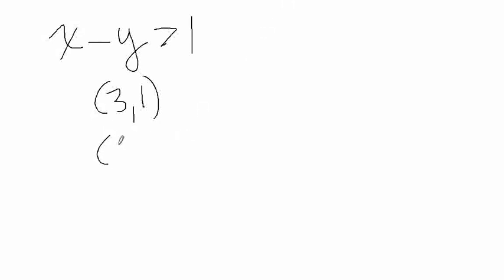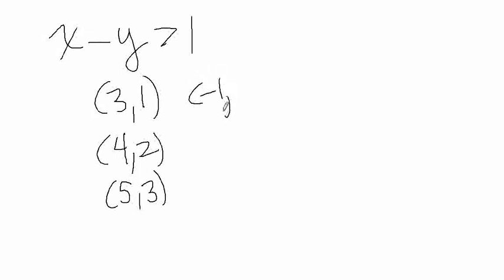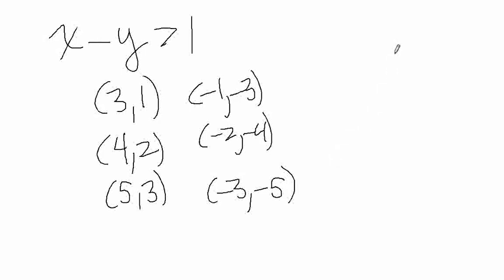And we can, of course, find other solutions: (4, 2), (5, 3), and so on, as well as (-1, -3), (-2, -4), (-3, -5), and so on. For all of these points, subtract the second value from the first, and you'll see that you always get a number that's greater than 1.